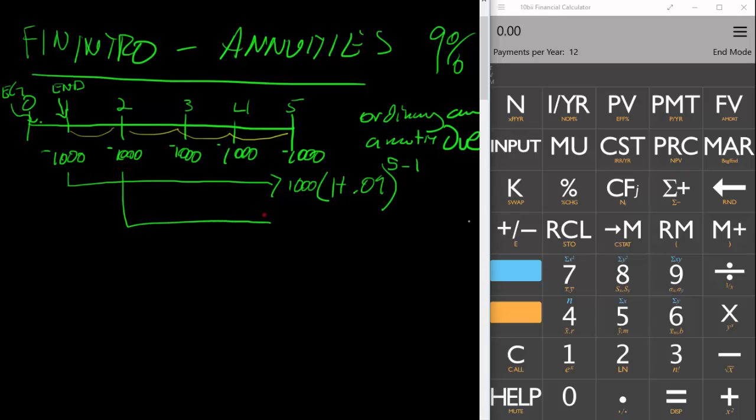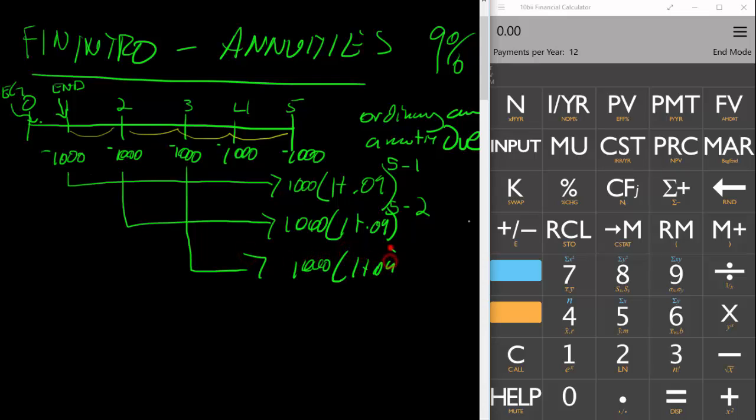We're going to do the same thing with the next one. 1,000 times 1 plus 0.09 to the 5 minus 2. And so on. 1,000 times 1 plus 0.09 to the 5 minus 3. And don't you guys wish I had better handwriting? 1,000 times 1 plus 0.09 to the 5 minus 4, which is 1.